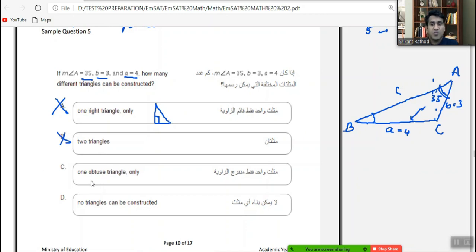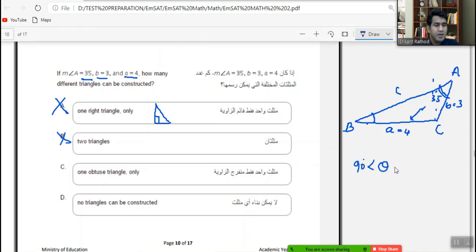Next option says one obtuse triangle only. What do you mean by an obtuse triangle? If one of the angles of a triangle is greater than 90 degrees and less than 180 degrees, such triangles are called obtuse-angled triangles.